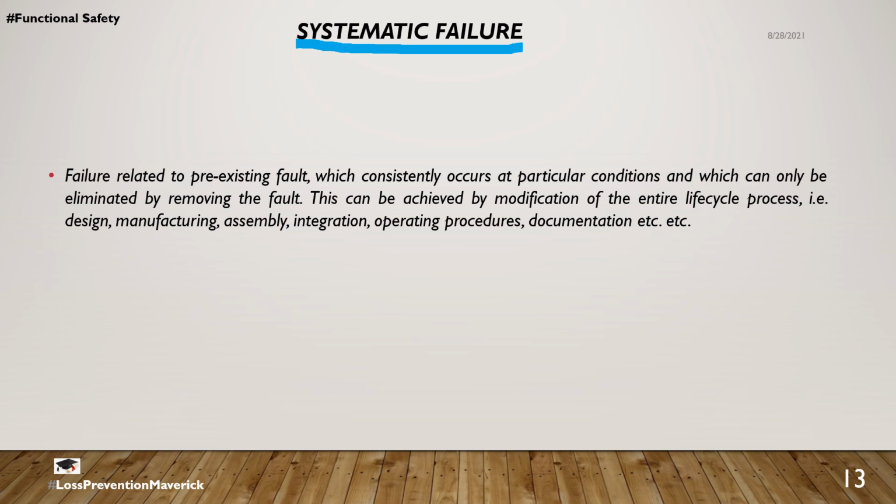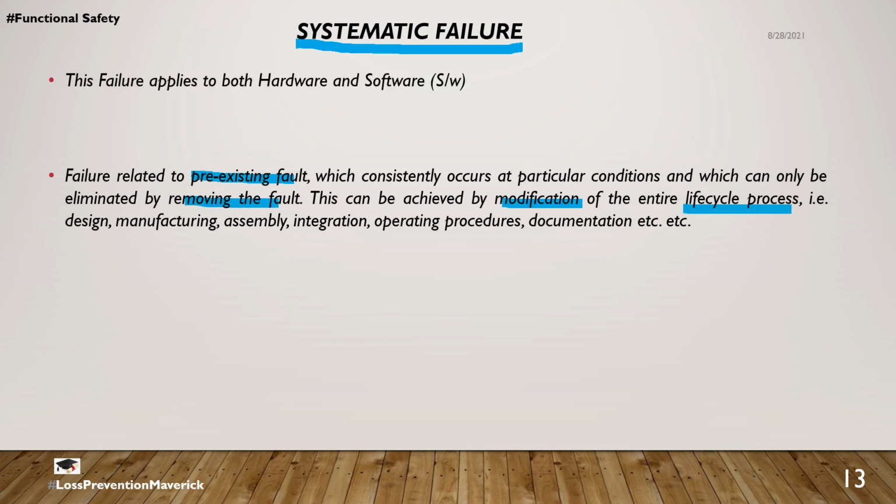It's a failure resulting from a pre-existing fault which occurs consistently under particular conditions, and this can be eliminated by removing the fault. Elimination is modification via the entire life cycle process, which is better design, better manufacturing, better assembly, better documentation, better operating procedures, etc.